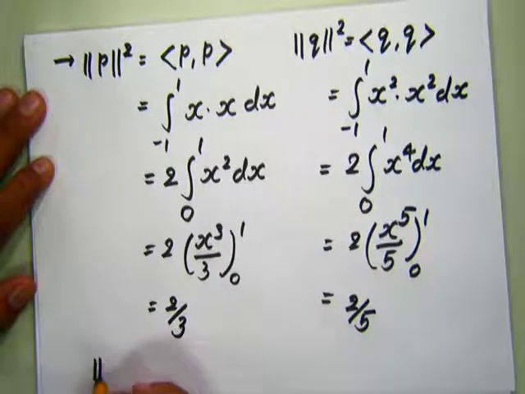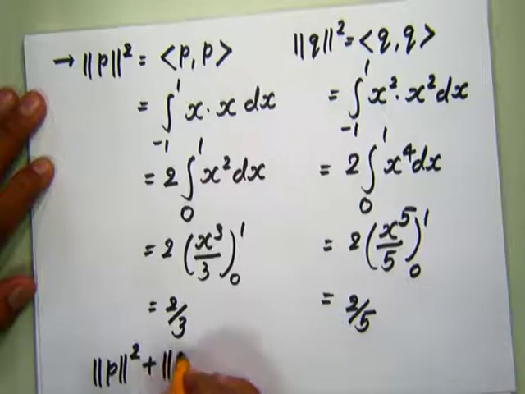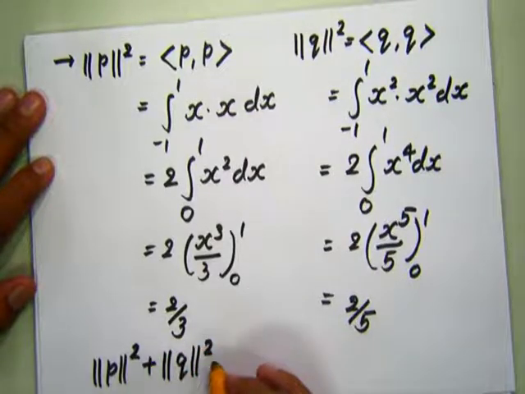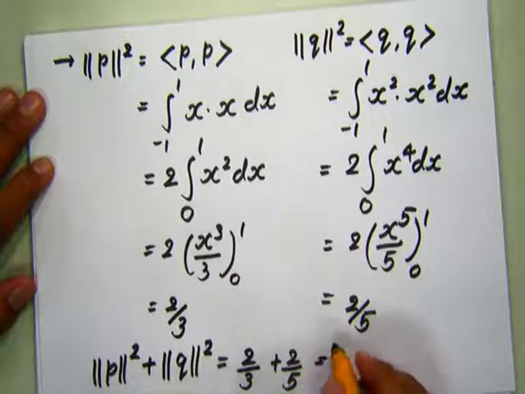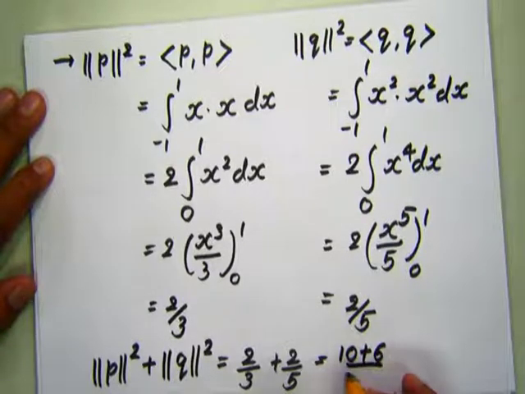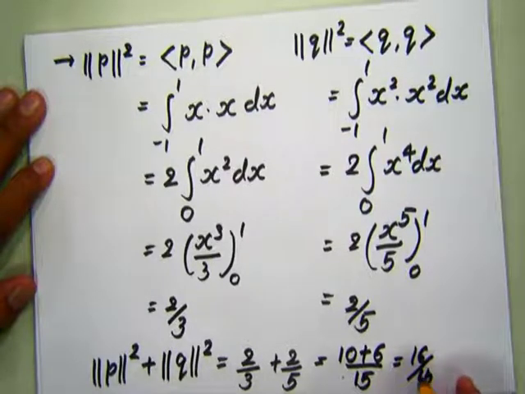Now the addition of norm of p square and norm of q square is 2 by 3 plus 2 by 5, so it is 10 plus 6 by 15, so it is 16 by 15.